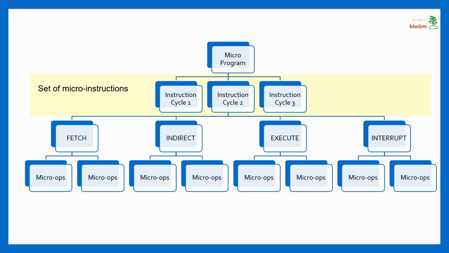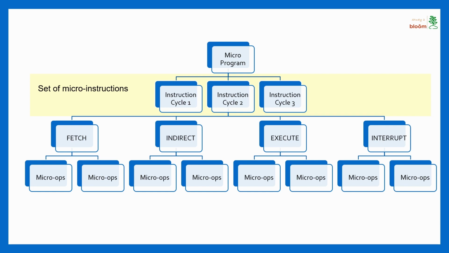This is the hierarchy of how machine code is executed. A microprogram is a set of micro instructions, and micro instructions are grouped into different instruction cycles. There can be many instruction cycles. In each instruction cycle, there are different phases: fetch, indirect, execute, interrupt.